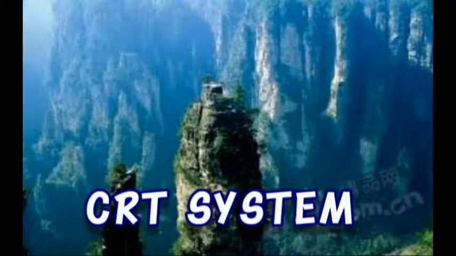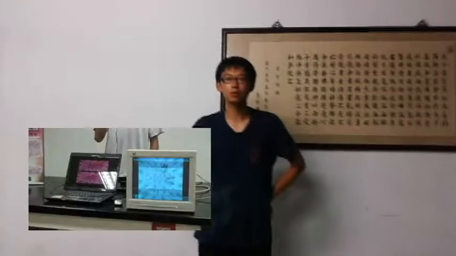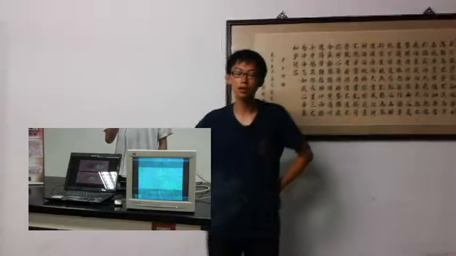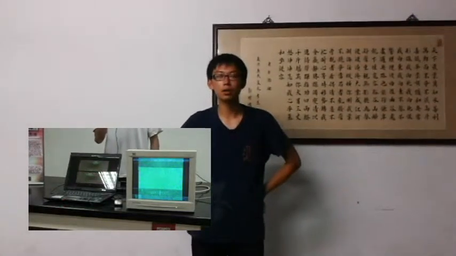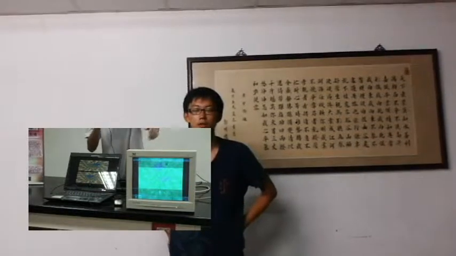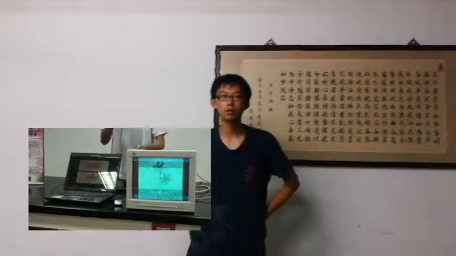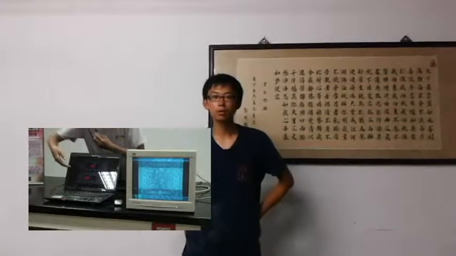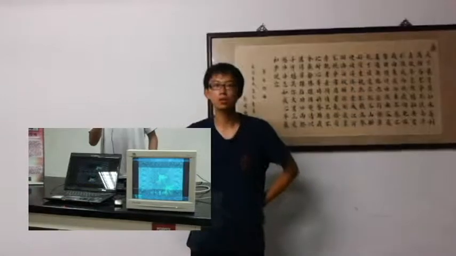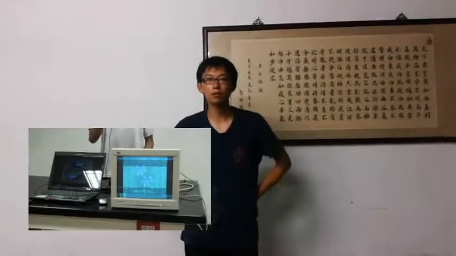Hello everyone, I'm going to talk about the CRT system. The CRT system contains a CRT screen and a pair of liquid crystal glasses. First, two parts of the picture will appear on the screen alternately with a frequency higher than 20 Hz.